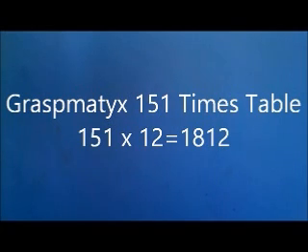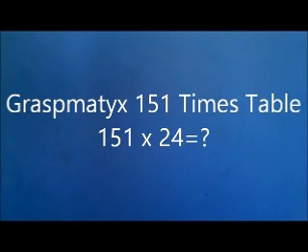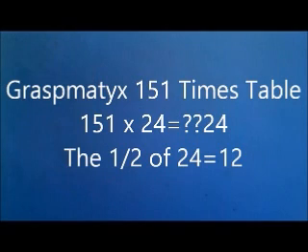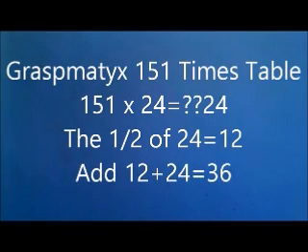It's that simple. That being seen here on this program, let's do the other numbers. 151 times 24. What are we going to do? Yes, we're going to take the 24 and put it to the far right, because 1 times 24 equals 24. And then we're going to find the half of 24, and that would be 12. We're going to add the 12 now to the 24, and what do we get?